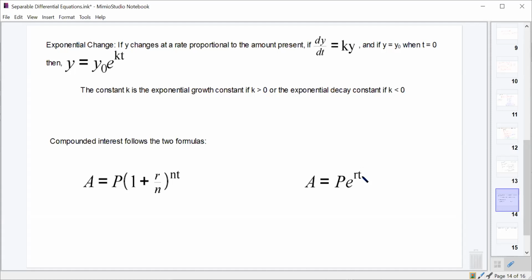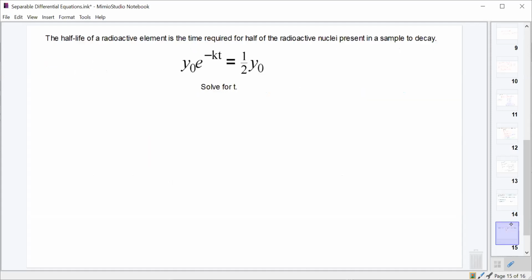Hopefully you're familiar with what half-life is, but if you have some radioactive isotope of something, half-life is how long it takes for half of the radioactive nuclei in it to decay or to go away.